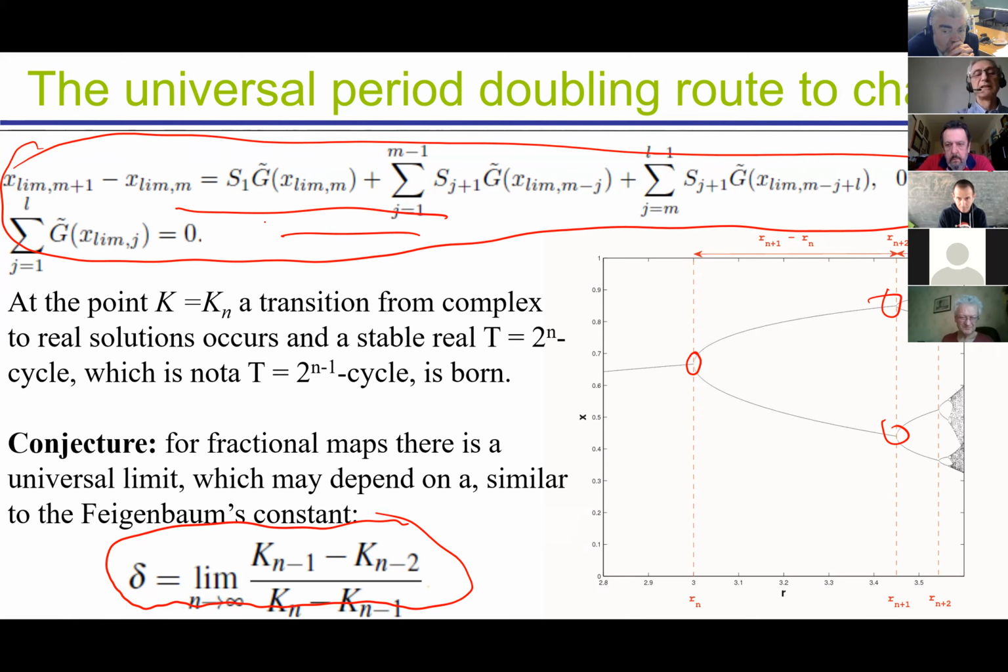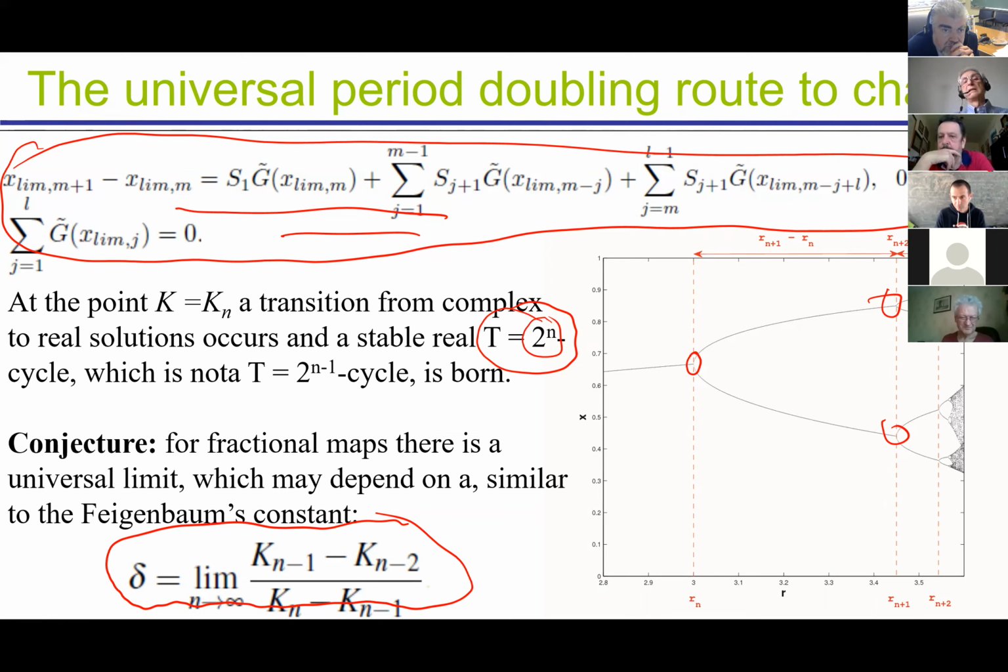So let's say we have this equation for the 2 to the power n cycle, and depending on k, on a parameter of a map, there should be a corresponding transition, bifurcations in solutions of those maps.